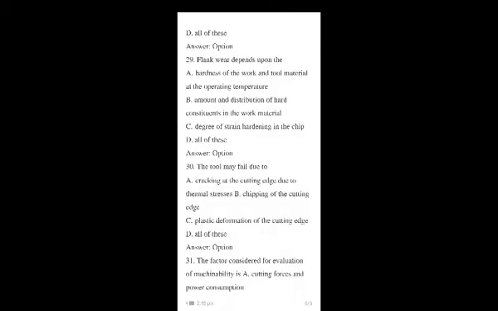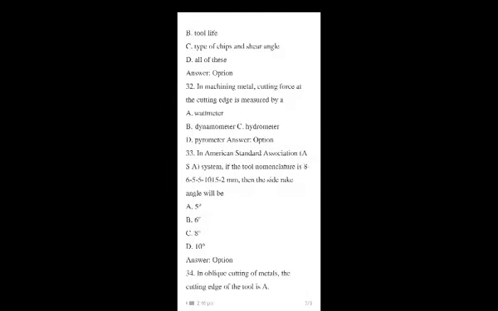And next question, the tool may fail due to... the option is option D, all of these. Now next, the factor considered for evaluation of machinability is... here again the option D is there, all of these.